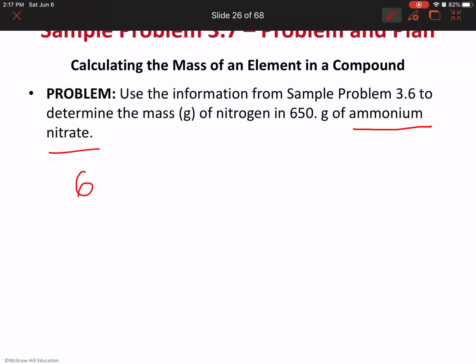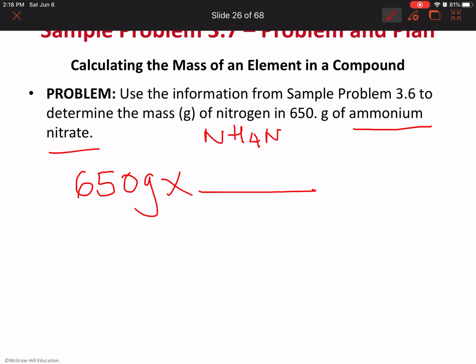So we are given 650 gram sample. So you write the mass of the sample, and then in ammonium nitrate, remember we know how to do the formula. Also we found the mass of ammonium nitrate, which is 80.05 grams. Ammonium nitrate, and in this one there are 2 nitrogen, so each nitrogen is 14, so 14 times 2 is 28.